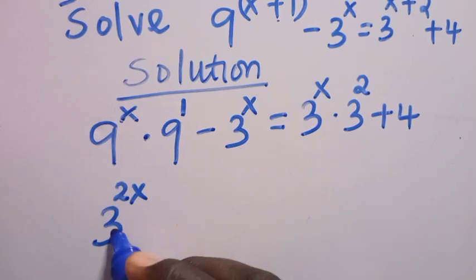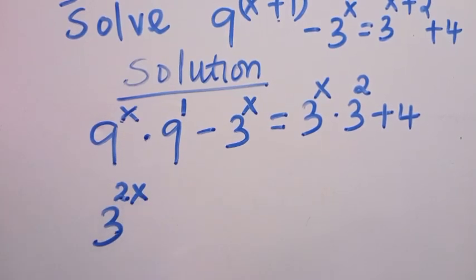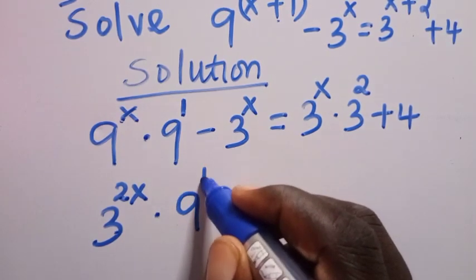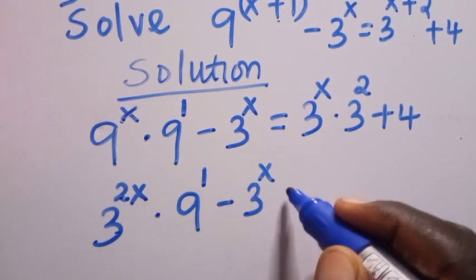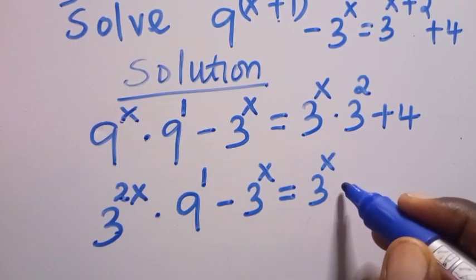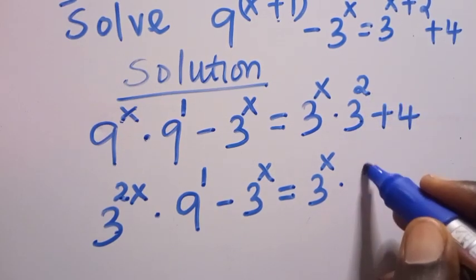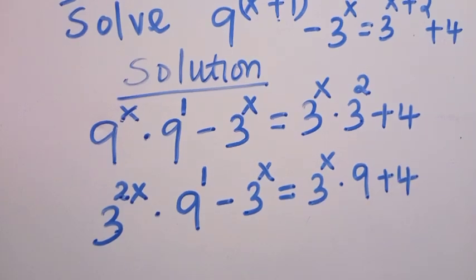Now reaching this point, I can write 9 raised to x as 3 raised to 2x. 3 raised to 2 is 9. Then there is this x, then times 9 raised to 1 minus 3 raised to x, then equals 3 raised to x, then times 3 raised to 2 is 9, then plus 4.